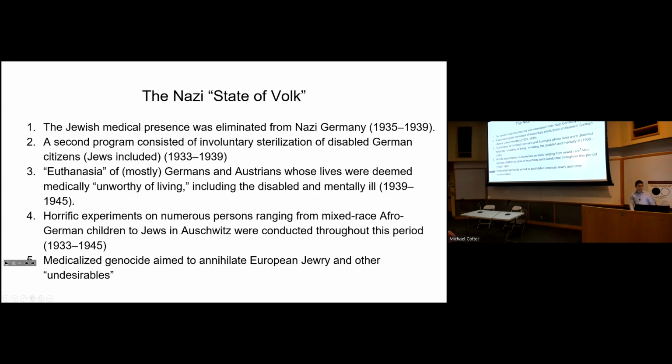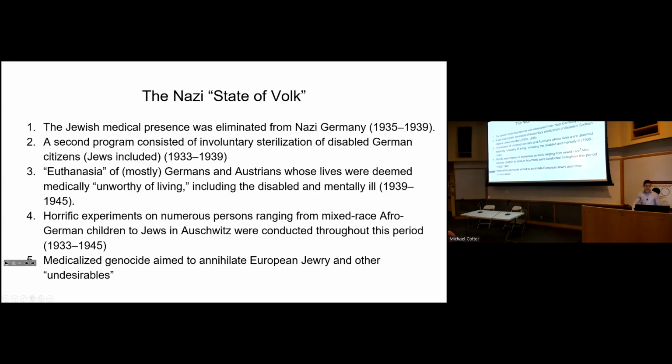They started off with the Jewish medical presence being eliminated in Nazi Germany, starting in 1935. A second program consisted of involuntary sterilizations of disabled German citizens, including Jews. It started as early as 1933. They did euthanasia of mostly Germans and Austrians whose lives were deemed medically unworthy of living, including the disabled and mentally ill.